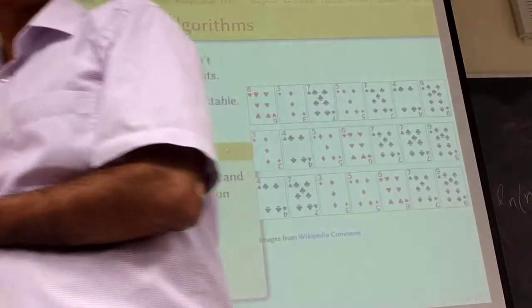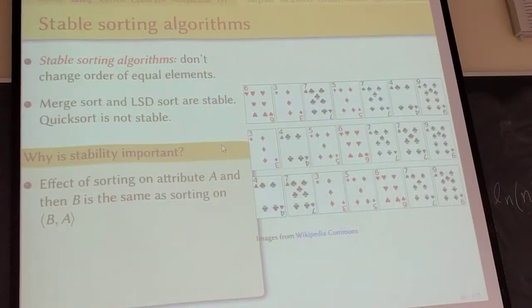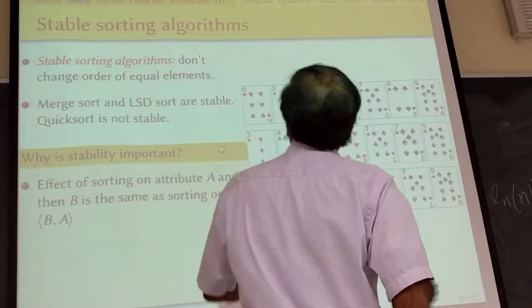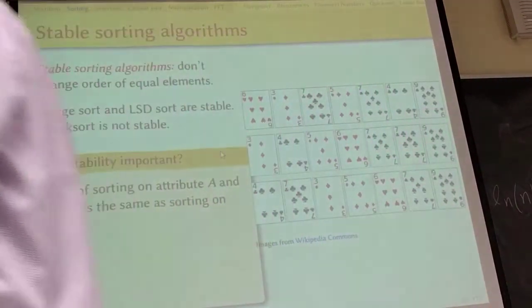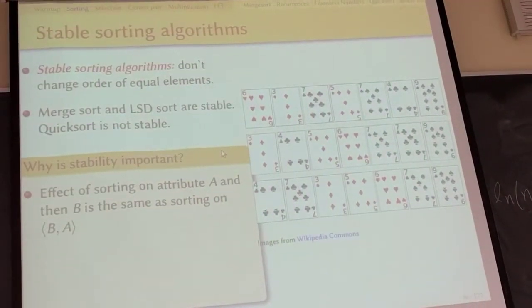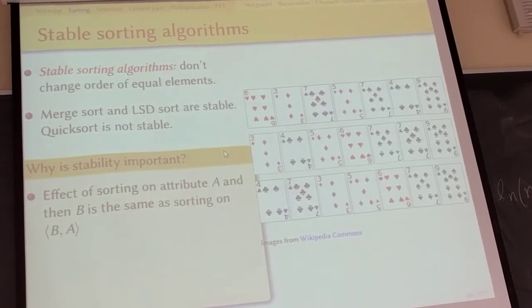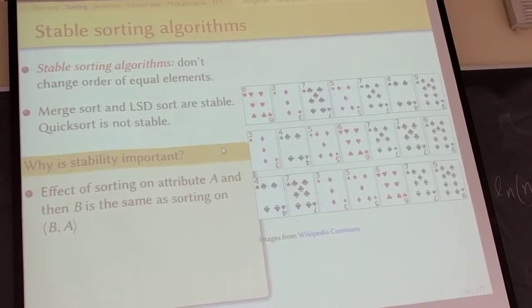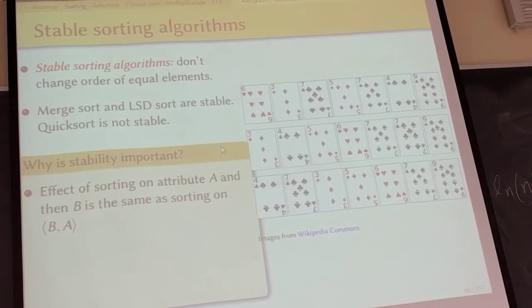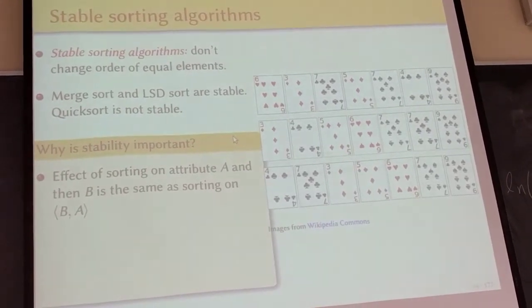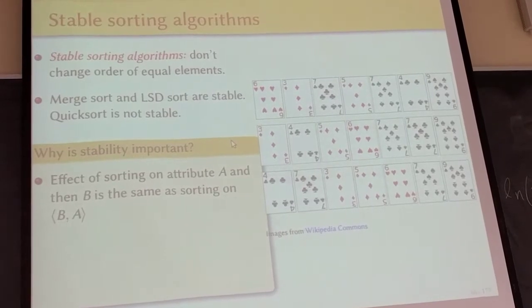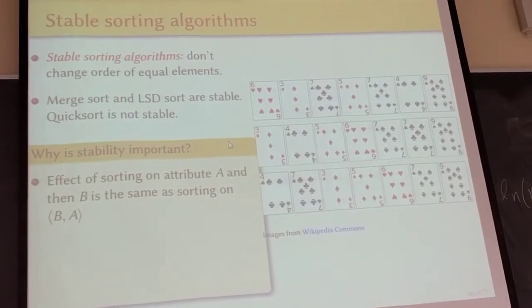Let's say that's how I define the order on the suits. And the ordering on the numbers is pretty obvious. So now I want to sort in such a way that the cards are sorted according to both criteria, right?